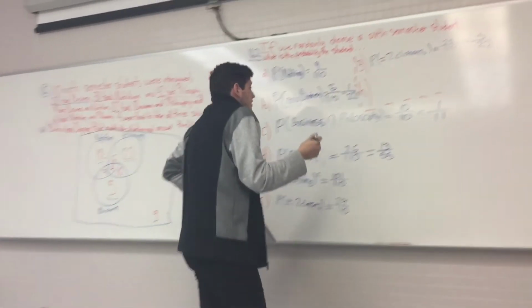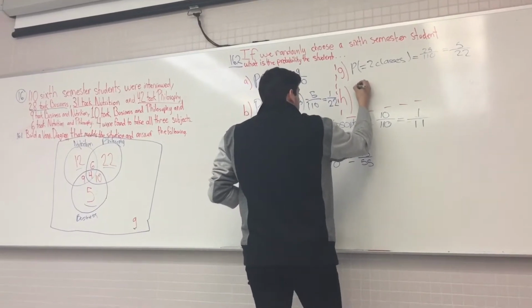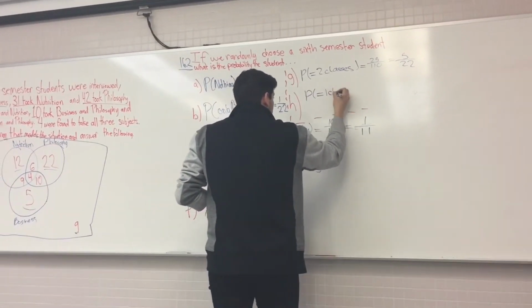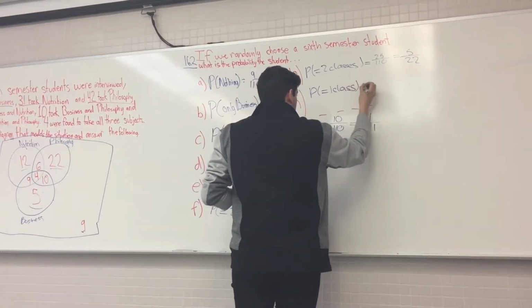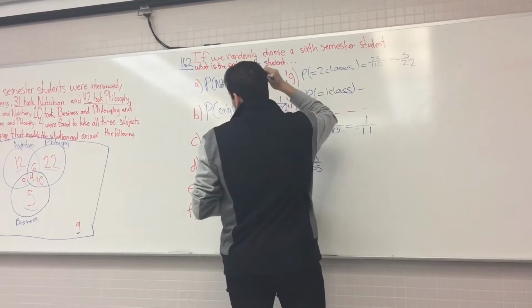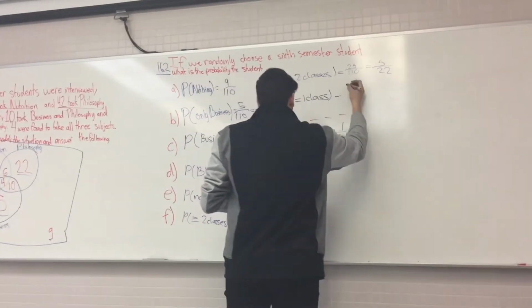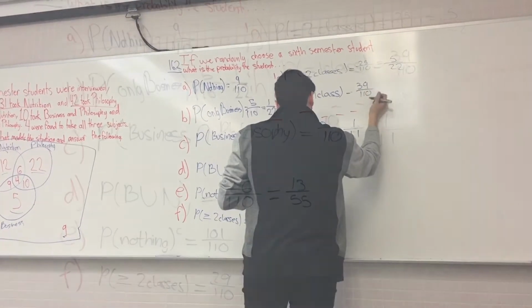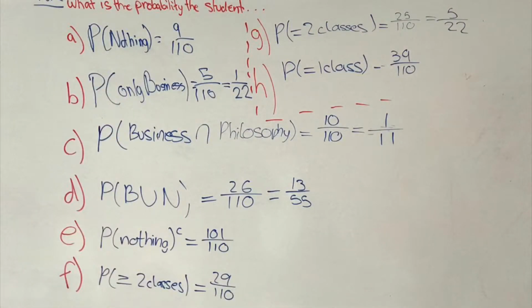So basically add them up in the probability of equal to 1 class. And it would be the sum of 12, 22, and 5, 39 over 110.